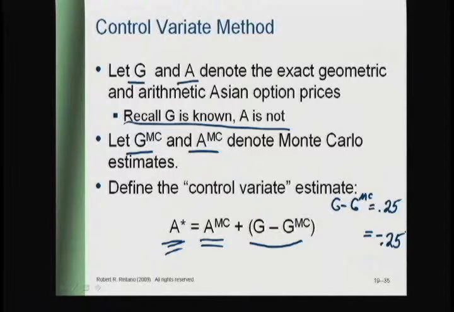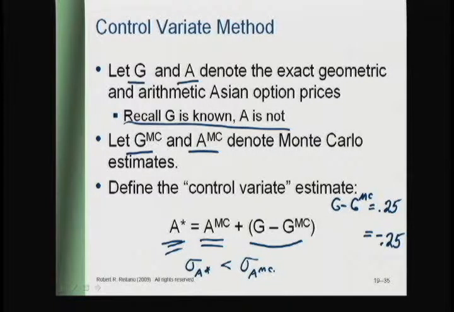So what it's doing is using the error in the geometric, which is known. I'm using the same paths for the geometric and the arithmetic Monte Carlo method, same paths. But if I know the error for one, I'm assuming I have the same error for the other. Now, when does this methodology improve the standard error of my estimate? What I'd like to show is that the standard deviation of the A stars is smaller than the standard deviation of the A_MCs.